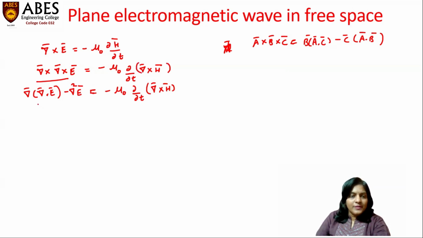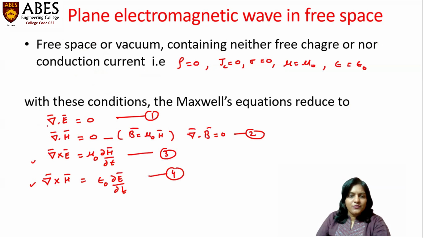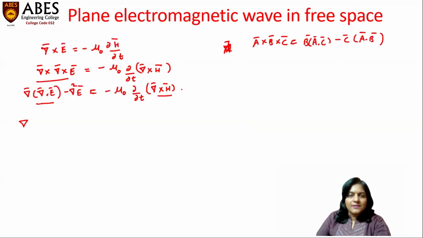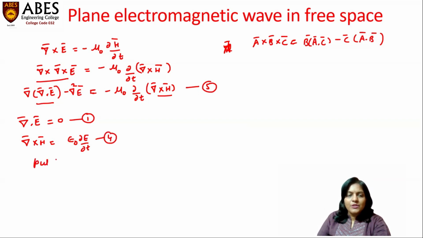Now we will put the del dot E value and del cross H value from the Maxwell first equation and Maxwell fourth equation. We know that the Maxwell first equation is del dot E is equal to 0, and the Maxwell fourth equation is del cross H is equal to epsilon naught del E by del T. If this is equation number 5, equation number 1 is del dot E is equal to 0, and equation number 4 is del cross H is equal to epsilon naught del E by del T. Put these values in equation 5.